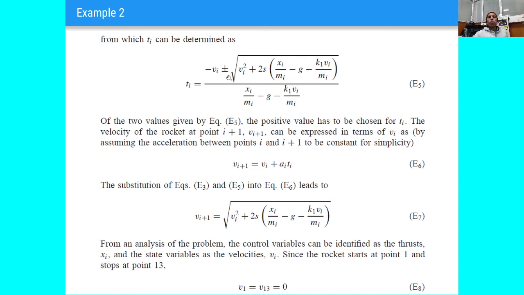The value with the positive sign will be taken, so that the time is calculated as positive, because time cannot be negative. If we take both the negative values, the numerical value of time will come out negative. Okay, but in practical life, we know the time of travel from one control point to another cannot be negative. So the positive sign will be accepted, and the negative value will be rejected from equation number 5.